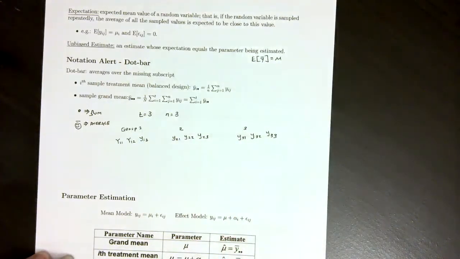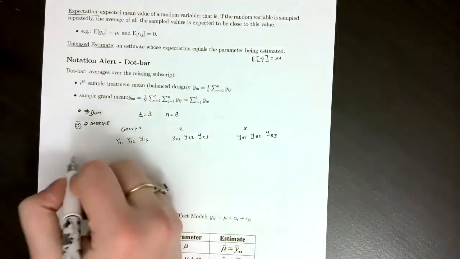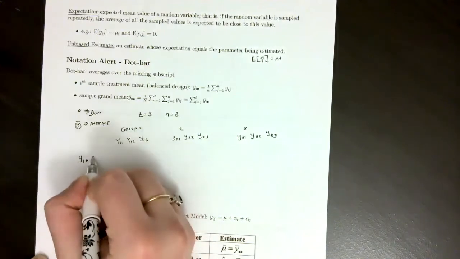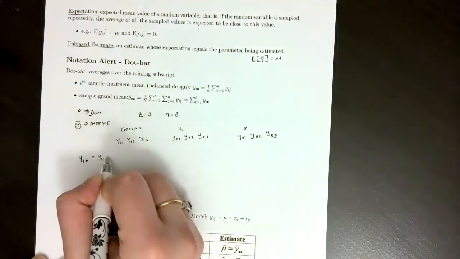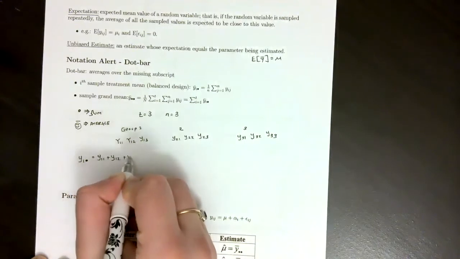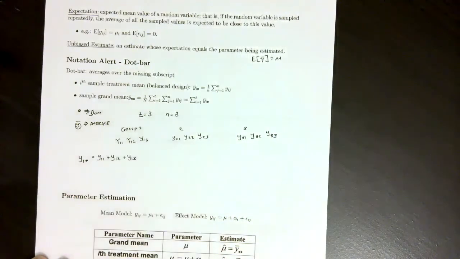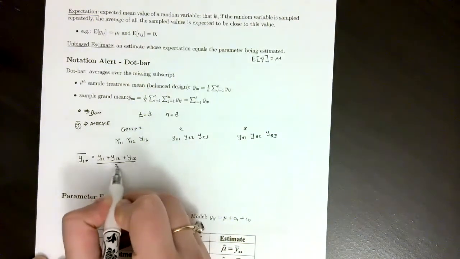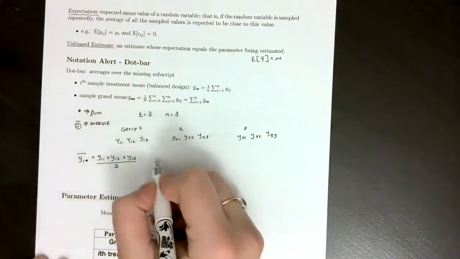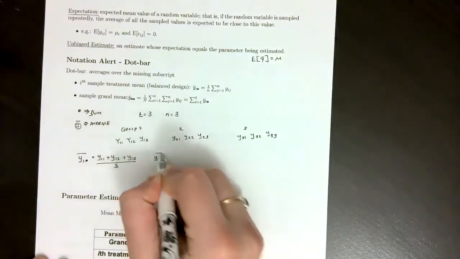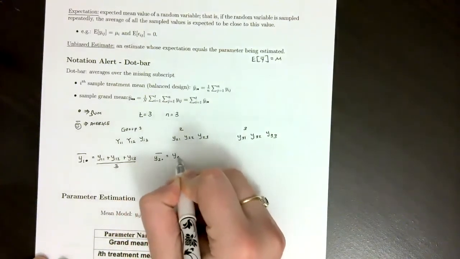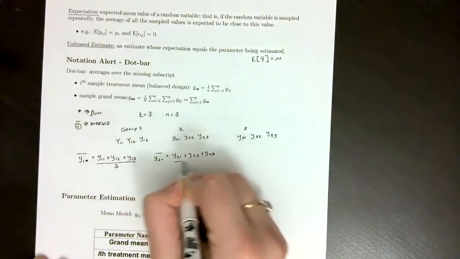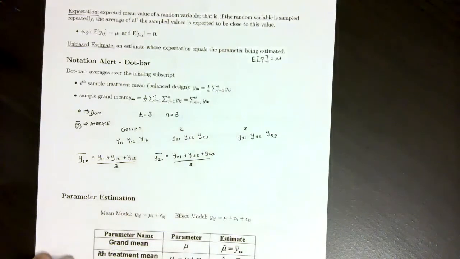Now if we were to find y1 dot, this would be equal to y11 plus y12 plus y13. Now, if we added a bar, we're going to take the average. So let's go one more example. y2 bar is going to represent y21 plus y22 plus y23 divided by 3.